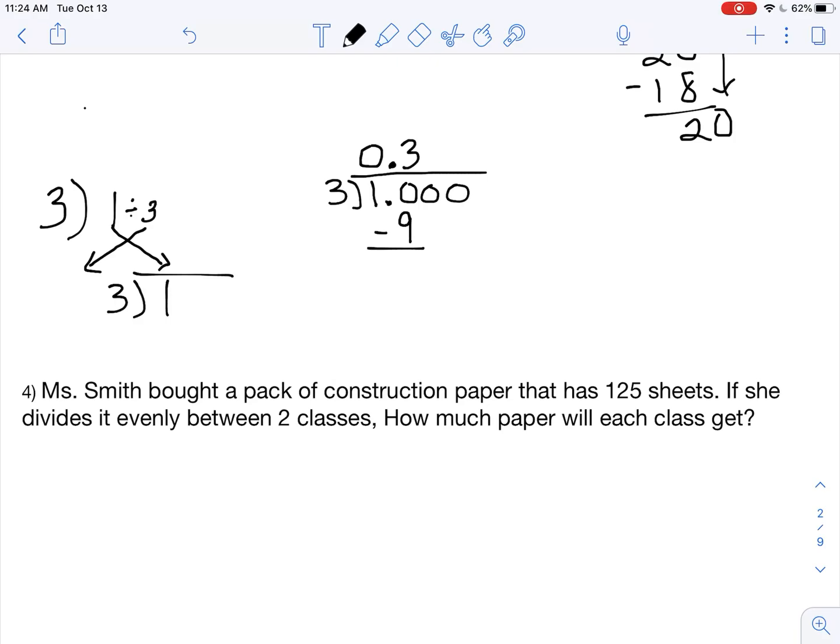And 10 minus 9 is 1. You'll notice I'm ignoring that decimal point and pretending that 1.0 is 10. All right, if I bring a 0 down, it becomes 10 again. 3 goes into 10 3 times. And again, 3 times 3 is 9. So we're going to have this pattern repeating over and over and over again. So to show it, we're just going to put a bar over the last 3.